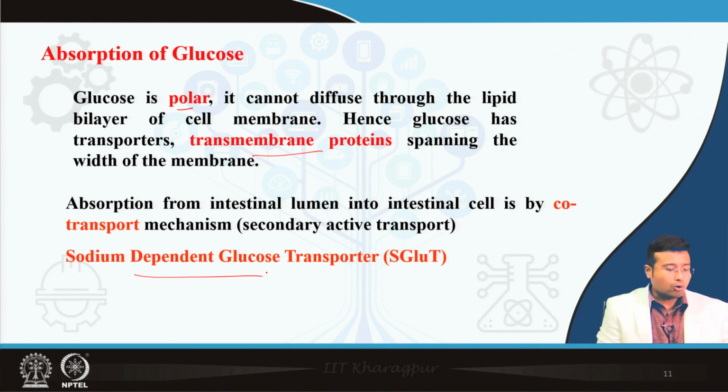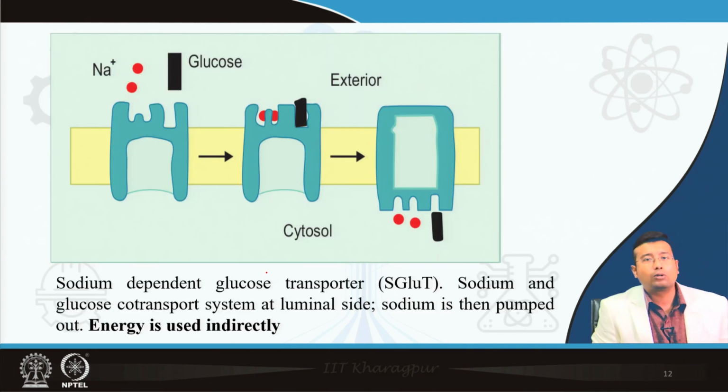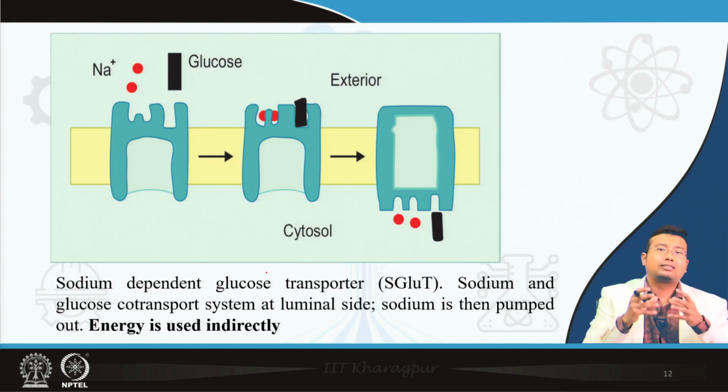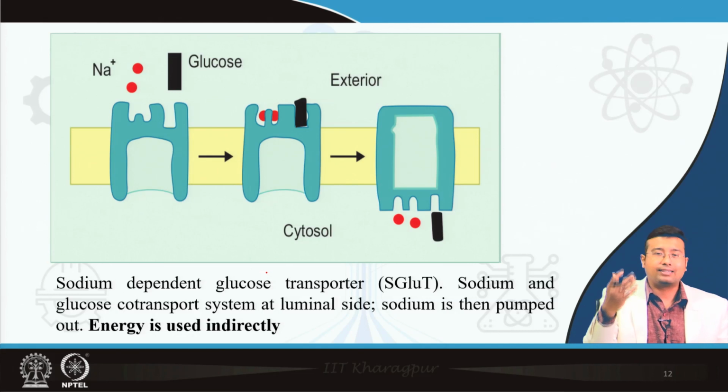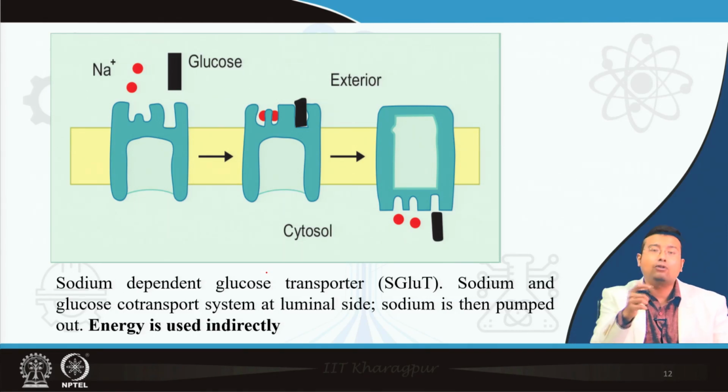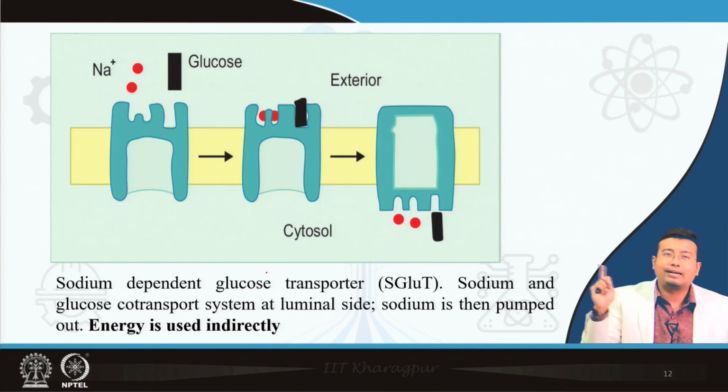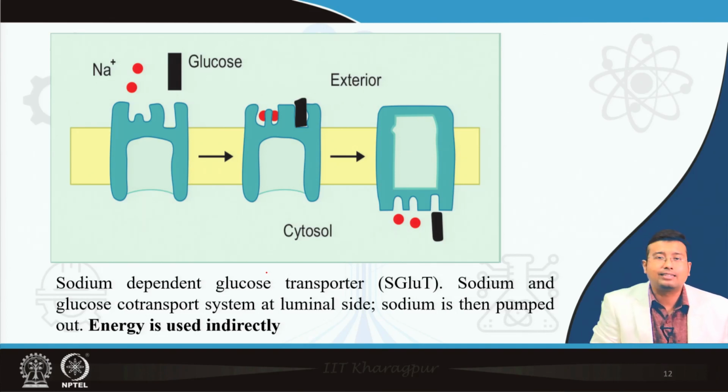This is a co-transporter. What do you mean by co-transporter? A co-transporter is some form of gate in which, suppose I am waiting at the gate, the gate won't open. Only if my parent is also at the gate will the gatekeeper feel safe to open the gate, and both of us can go in. Later on, after I am inside school, my parent can easily sneak out of the back door.